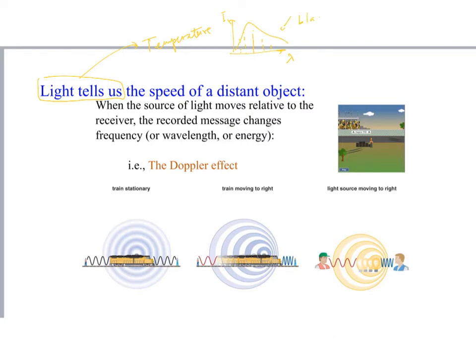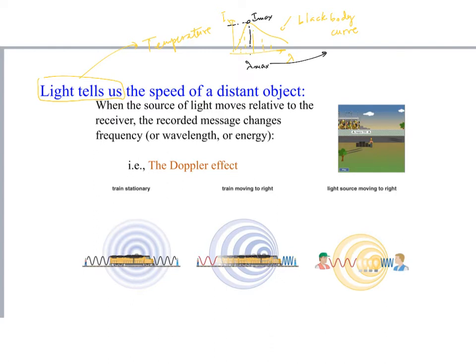curve. We call that the black body curve, and you identify the maximum and find the lambda max.